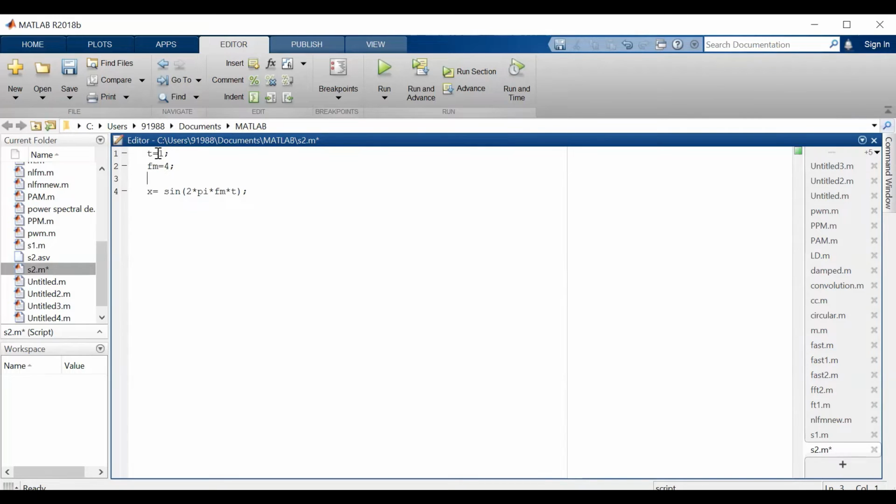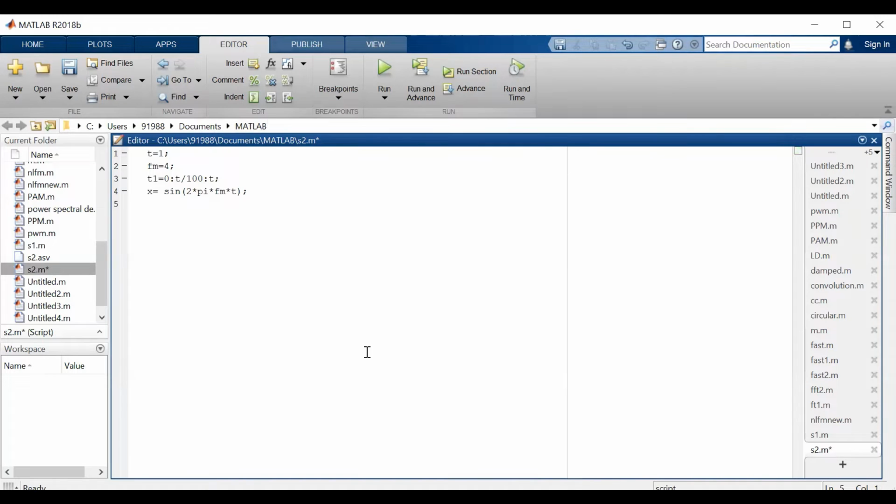Now, for the scaling, because as t varies, x also varies, we'll take t1 from 0 to t, since the x-axis goes from 0 to t. For the interval, I'll consider t by 100, so 0, 0.01, and so on up to t. So this is our original signal.